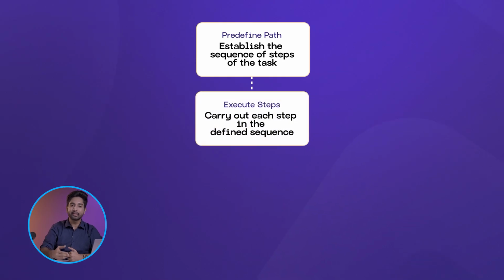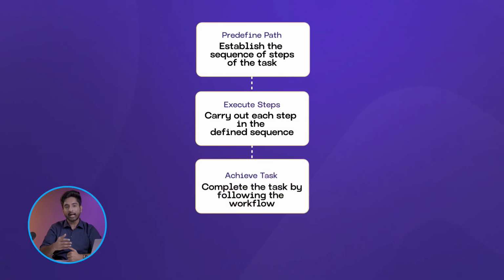So in this particular scenario, you are increasing the reliability of the task and at the same time you are decreasing the complexity. So AI workflows can handle tasks much more reliably as the task is already broken down into multiple subtasks, compared to AI agents, where you don't break the task into multiple subtasks.